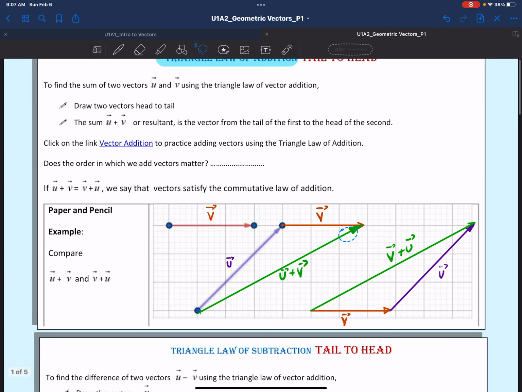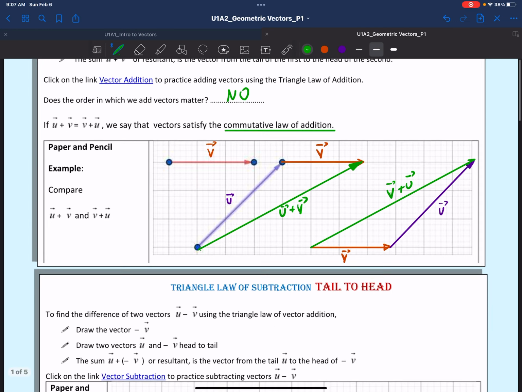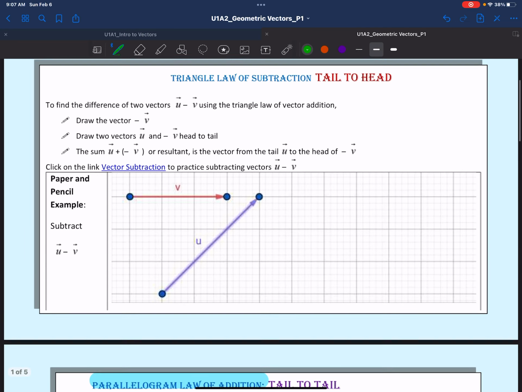In this case, we're going to say that the order in which we add vectors, u plus v or v plus u, does not matter. Vector addition enjoys the commutative law. This is what we call the commutative law of addition.